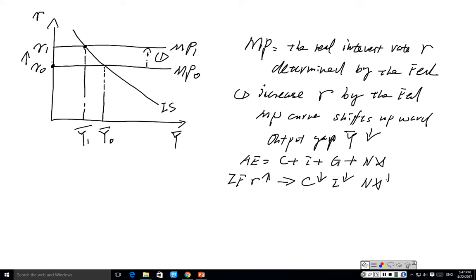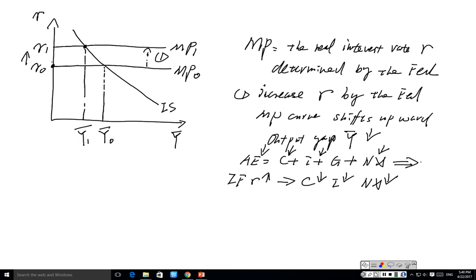Net export also goes down, because a higher interest rate will push up the value of the domestic currency, making exports more expensive. So a higher interest rate will reduce consumption, reduce investment, and reduce net export, which leads to a lower level of aggregate expenditure.